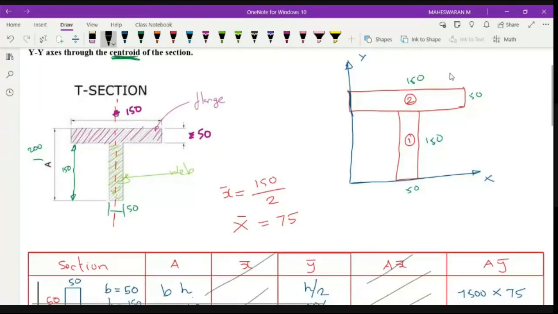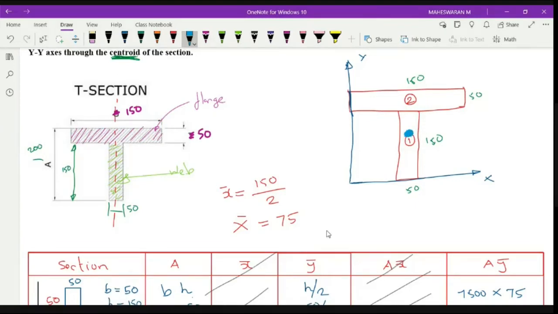For example, let me consider this particular figure. My overall centroidal location is somewhere here, right? 125. Right, this is my overall centroidal location. Right, I will mark it in a bigger way. So something like this.